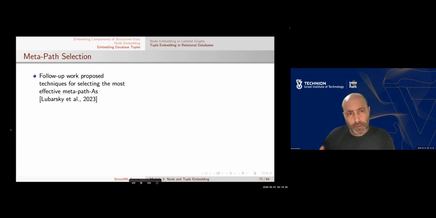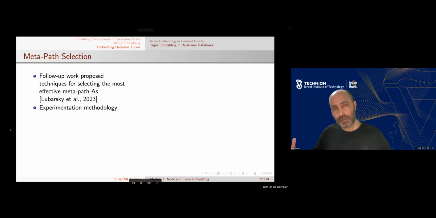So that's how you learn a common representation for all of the metapaths. Now, just a remark that follow-up work tried to understand what are good ways of selecting the good metapaths, which metapaths give us good embeddings, with the understanding that many of these metapaths are not really useful.